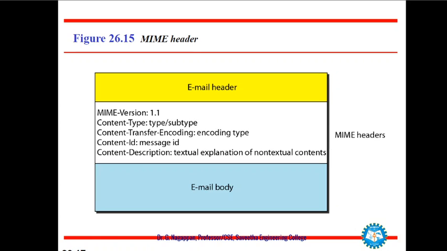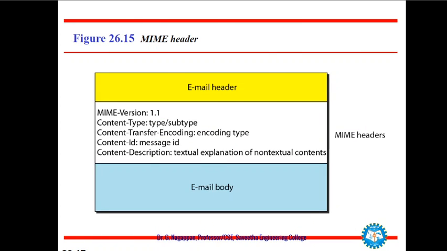The header is like this: the normal email header, and then it mentions the MIME version 1.1, the content type, the content transfer encoding type, the content ID, and the content description, a textual explanation of non-textual contents, and then the corresponding email body is sent. So what are these?